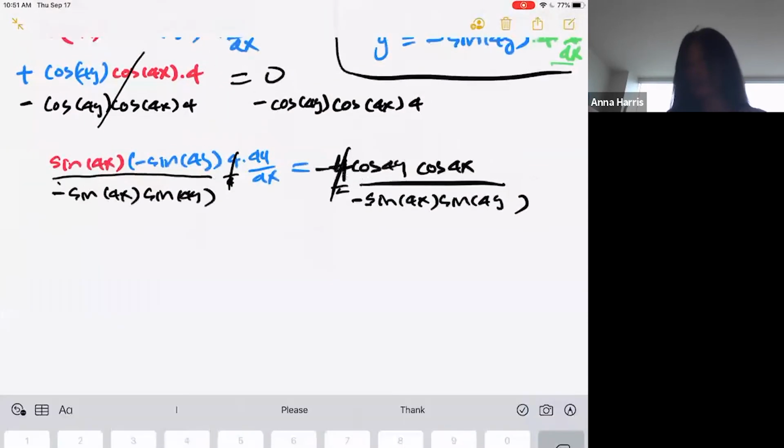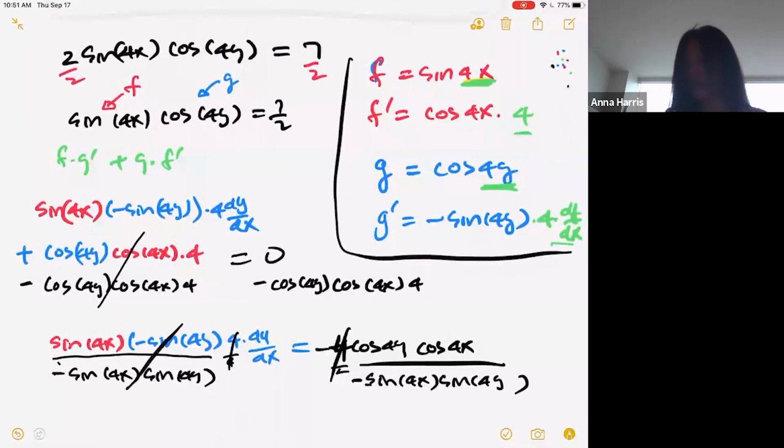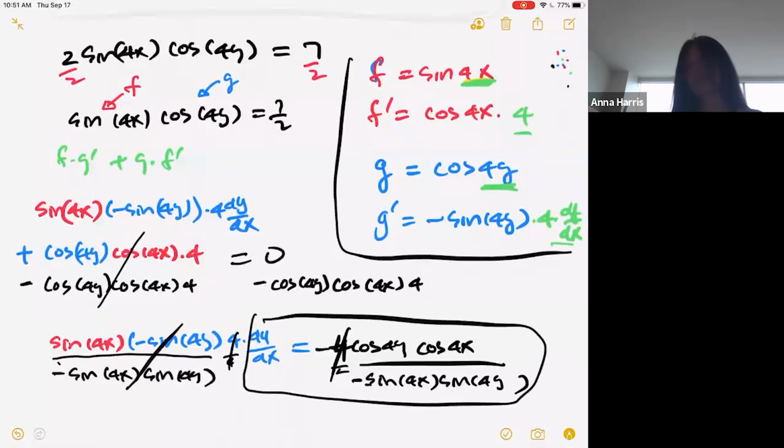I'm finally done. So my answer is dy dx equal to cosine 4y, cosine 4x, everything divided by negative sine 4x sine 4y. By the way, this negative and that negative cancel out, so just the positive sine 4x times sine 4y. That's your answer.